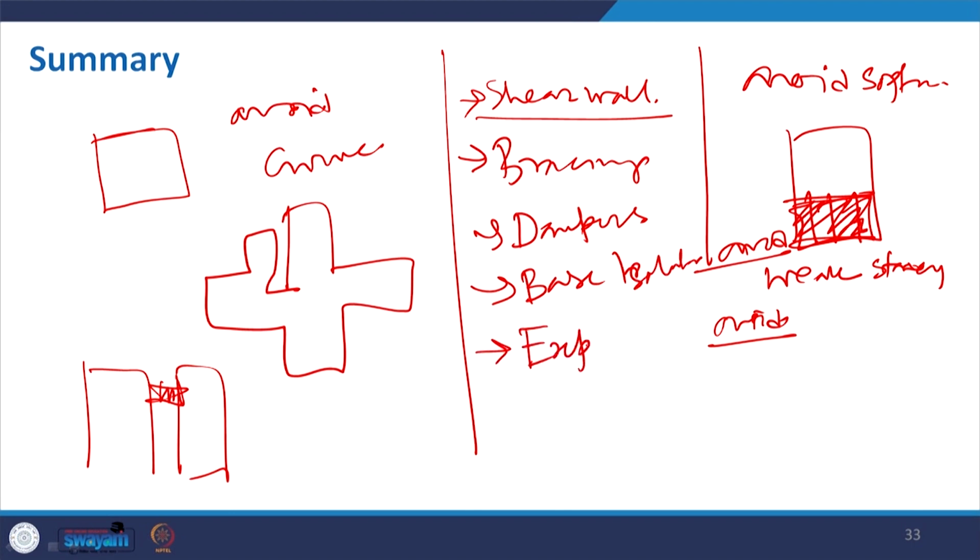Expansion joints may help to adjust the structure, and we have also discussed the tube structure. So there are some advanced structural systems for high rise buildings to protect against this kind of lateral force. So with this I conclude here, and I am sure this discussion is very helpful to understand what type of design we should take to avoid those vulnerabilities.